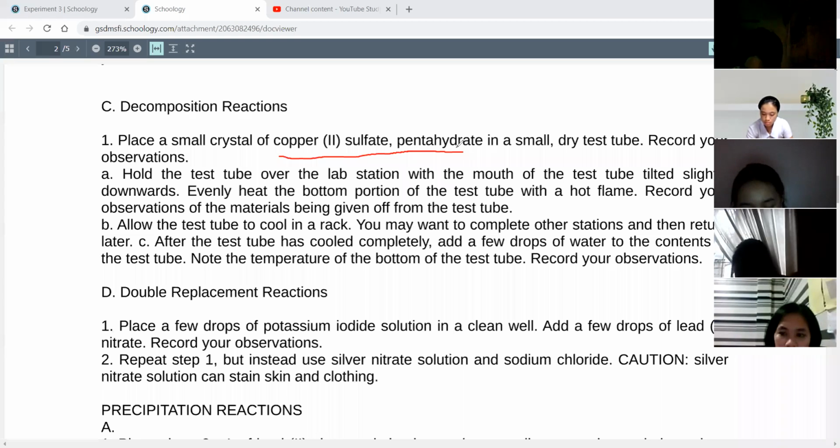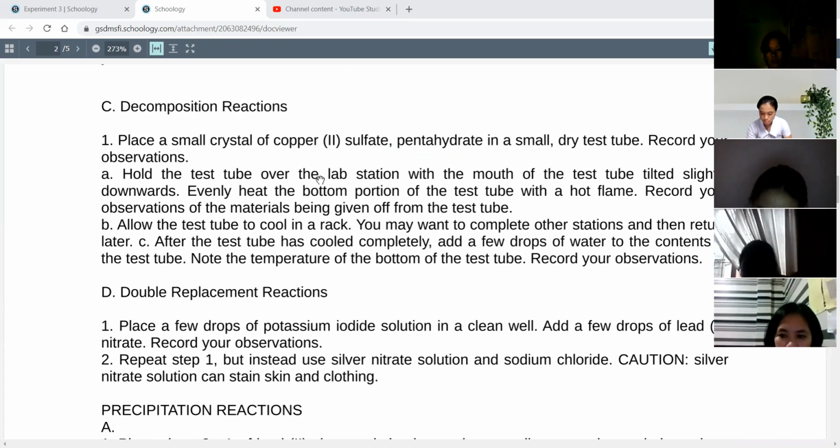So we will be observing what will happen to the copper 2 sulfate pentahydrate if we heat it with a Bunsen burner. After recording the observation, the next thing that you are going to do here is to add water. So after mo siyang i-heat, mag-a-add ka ng water doon kay copper 2 sulfate pentahydrate, and you will have to observe also what will happen to the particles after adding the water.